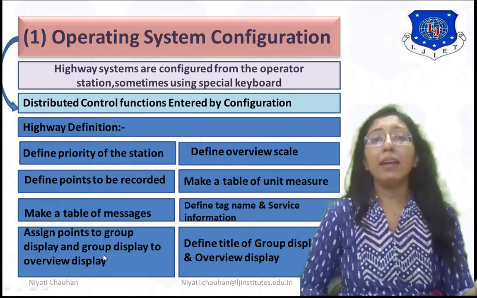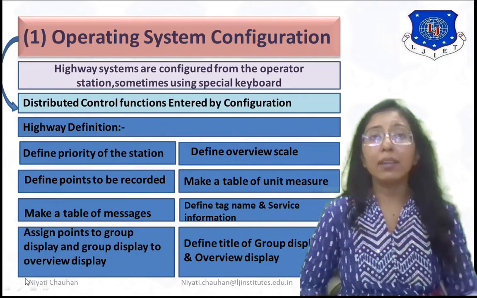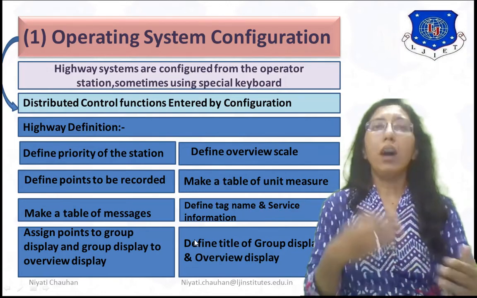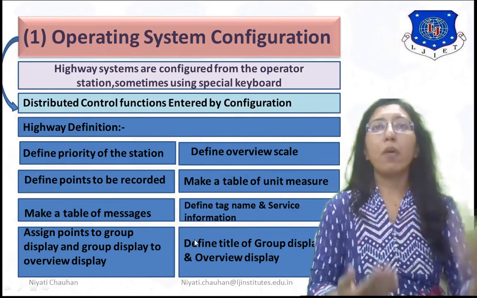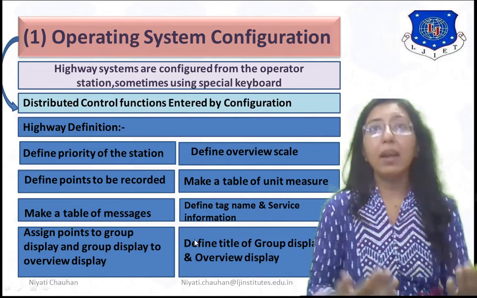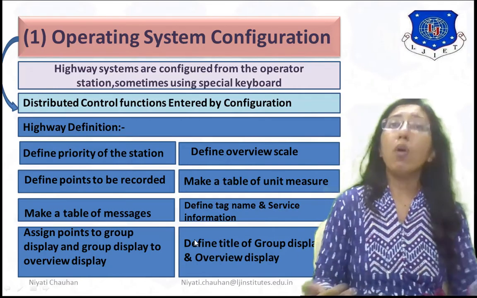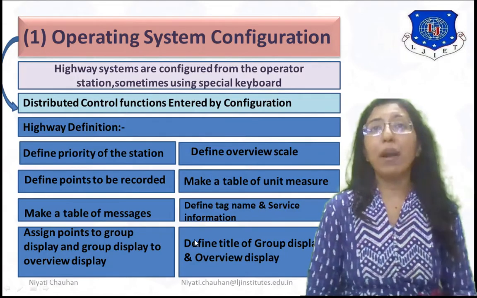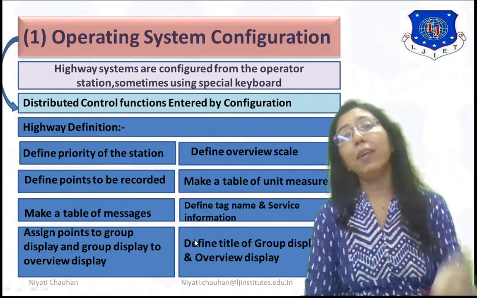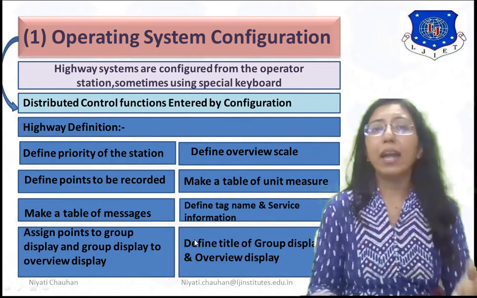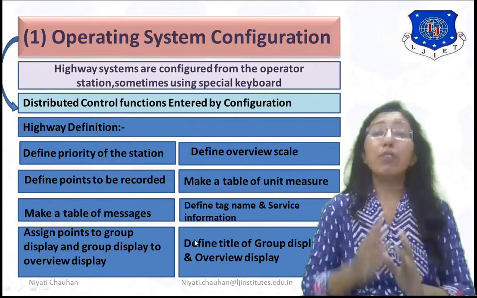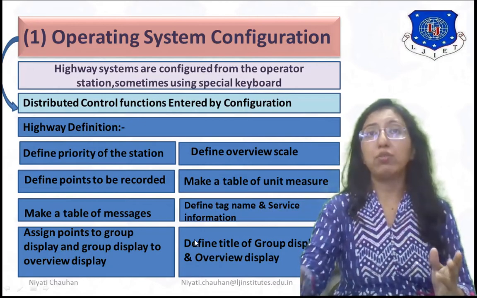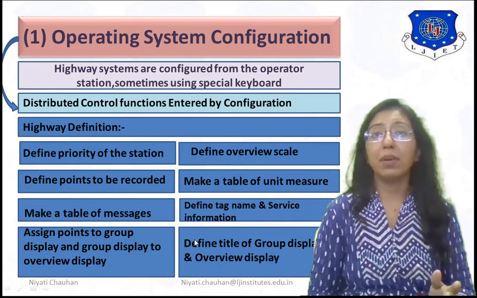Then at last, assign points to group display and group display to overview display. And at last, define the title of group display and overview display. So this type of configuration is done by the supplier for the operating system.